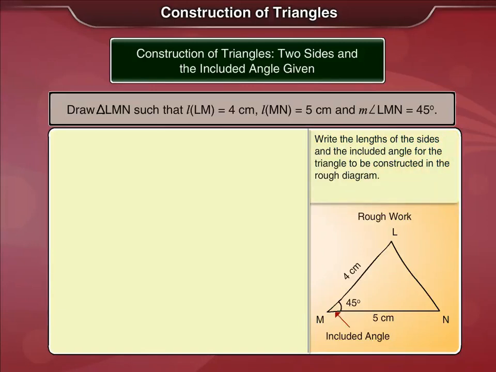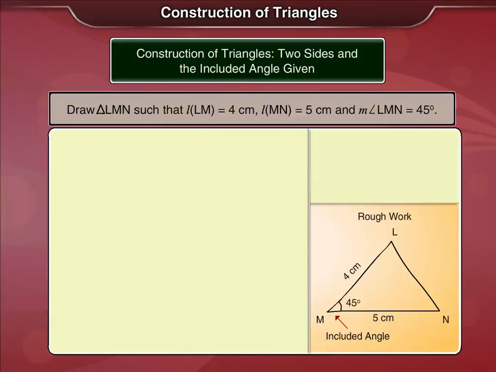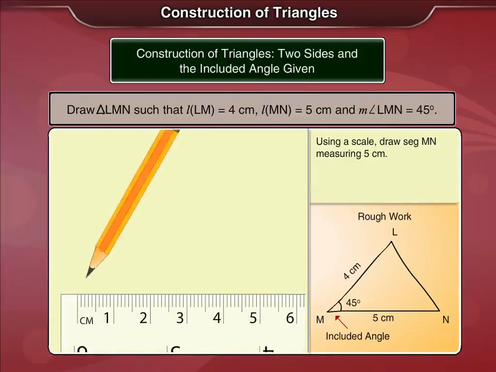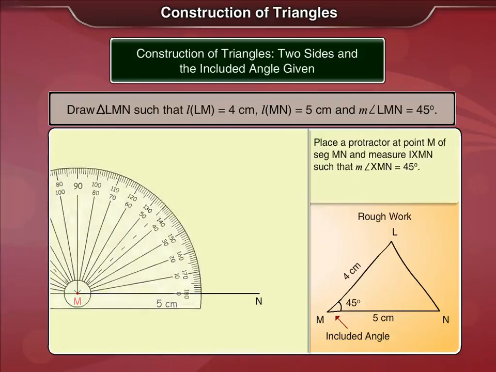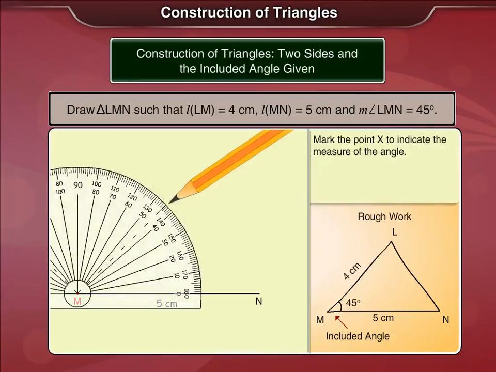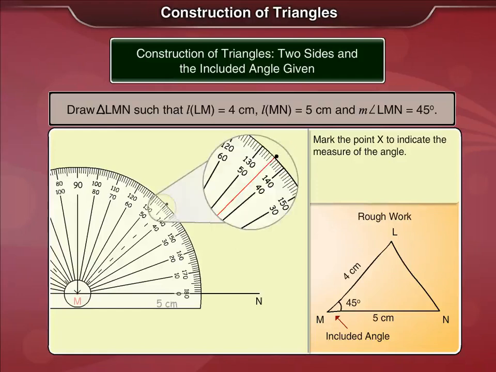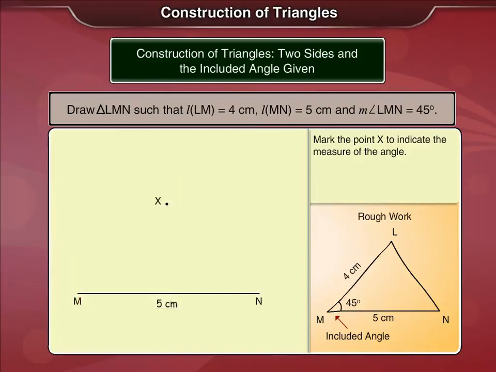Angle XMN measures 45 degrees. Taking point M as center and a radius of 4 centimeters, draw an arc that intersects ray MX at point L. Join point L and point N. The required triangle LMN has been constructed.